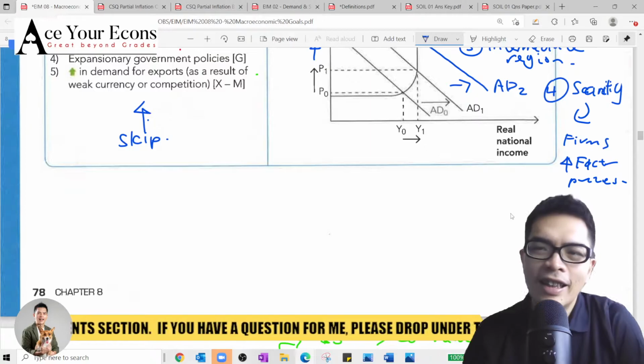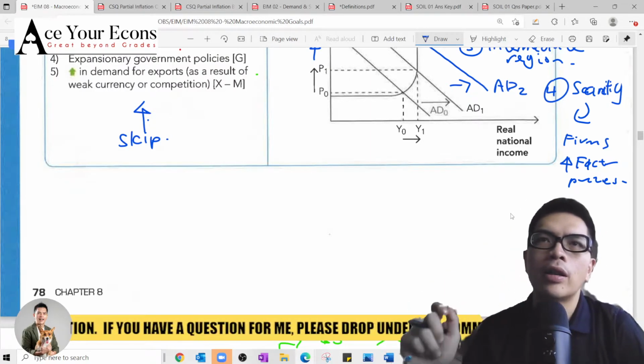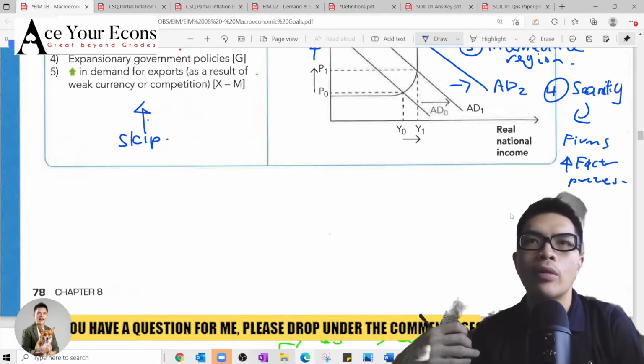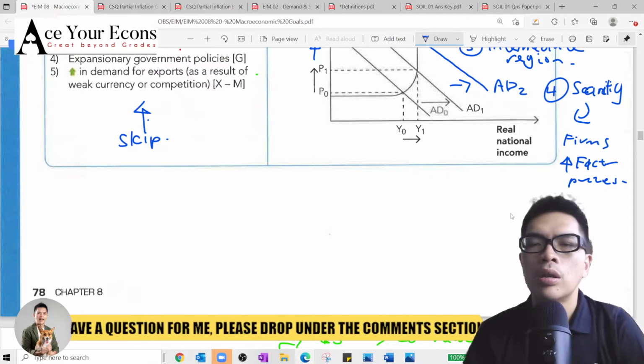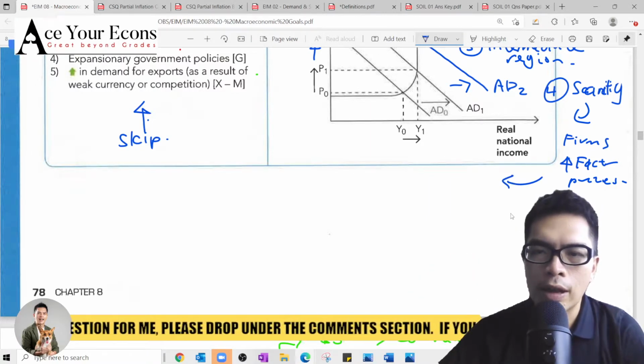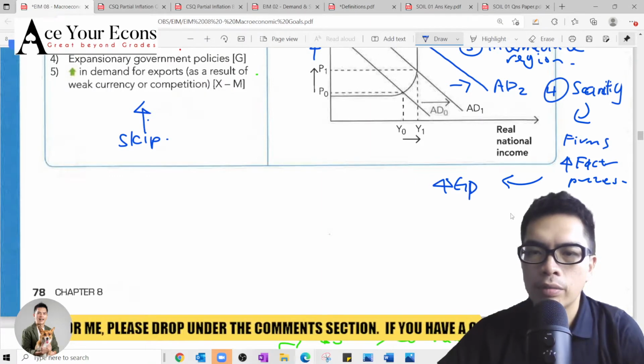Scarcity. So firms will have to pay more in order to persuade a worker, for instance, to work longer hours to produce more. So you can see that the bidding up of the factor prices will translate to an upward pressure on your general price level.